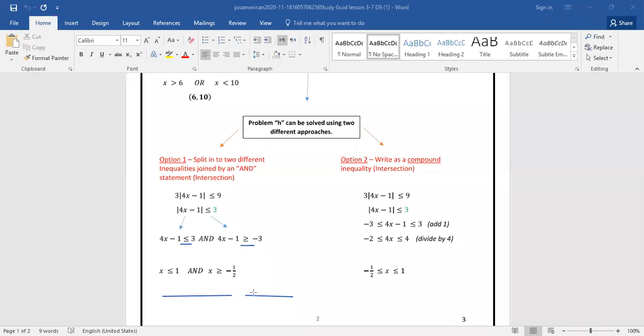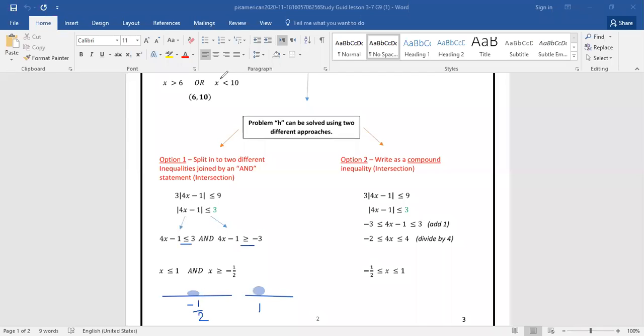So I have a circle here, and then another one. This is -half, x is more than or equal -half, which means you will shade to the right. And I have 1, and I'm going to shade to the left.